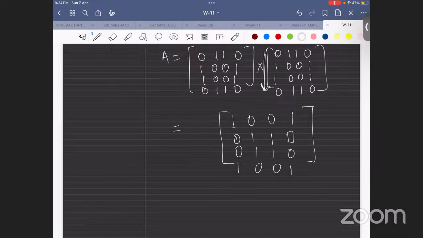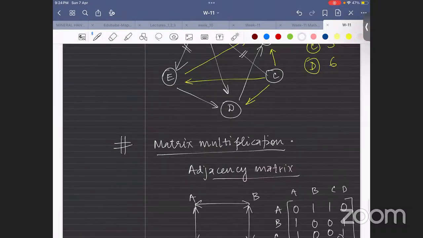Similarly, you can write it for the transitive closure also. Transitive closure was what? You have been given a graph, and then you are updating whatever graph you already had.